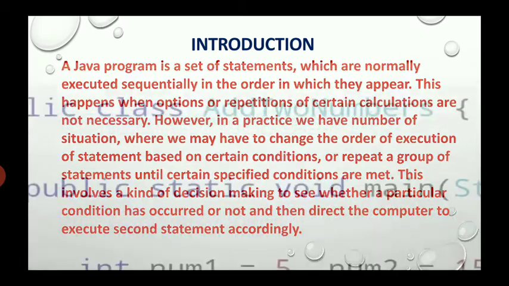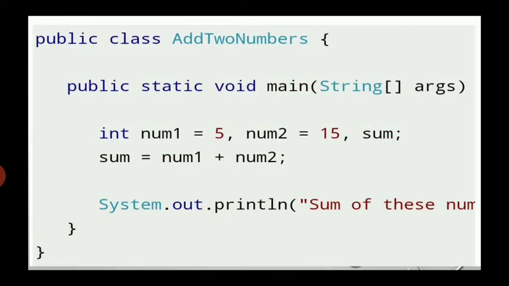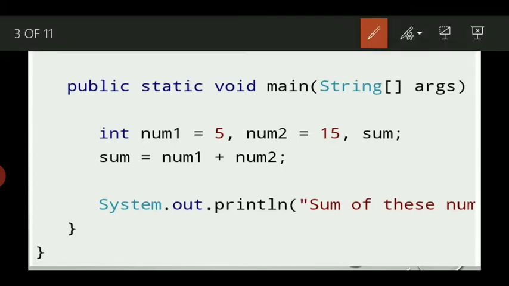Now if you see this example, you see a program where you have to find the sum of two numbers. So a class, AddTwoNumbers, is the name of the class, and then we are writing the main function, and inside the main function we have declared three variables, that is num1, num2 and sum.